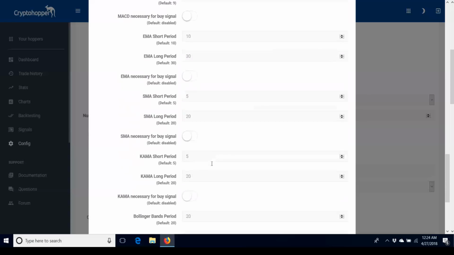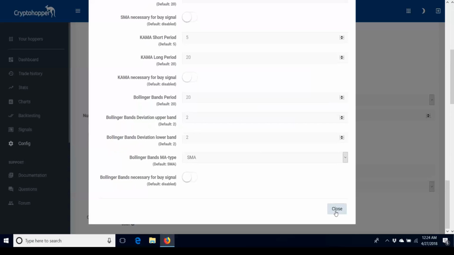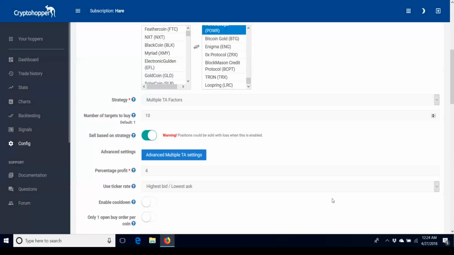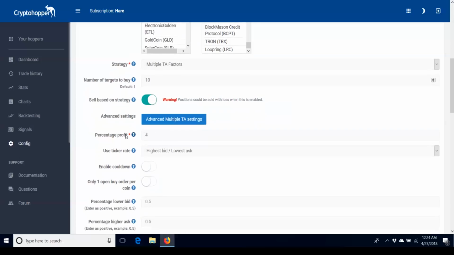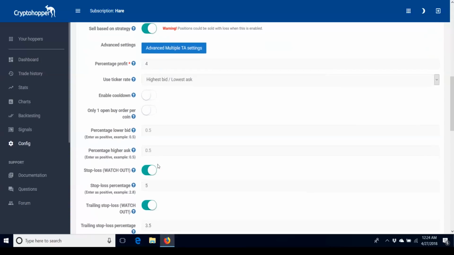That's the great thing about Cryptohopper, is that it is somewhat automatic because a lot of it is pre-filled, but it also is very, very customizable if you want to trade and change what it uses to trade. And you can see here I have my percentage profit set at 4%, but you can set that at whatever you'd like. And then these are just basic things. I always like to have a stop loss because I don't like to carry a coin down. I mean, they're very volatile, and sometimes you just pick them at the wrong time.